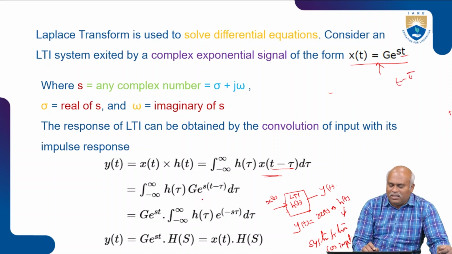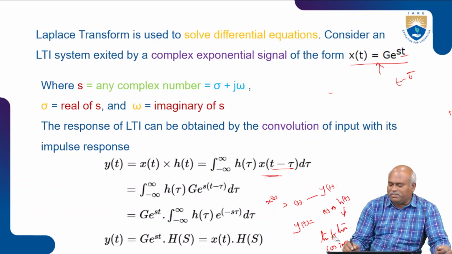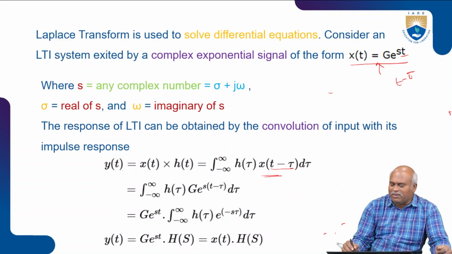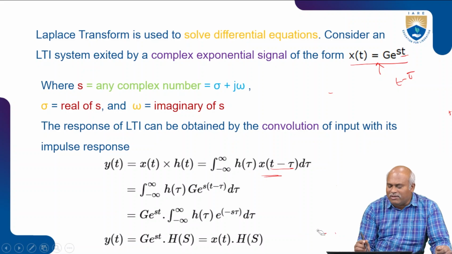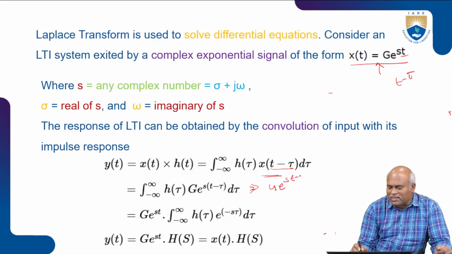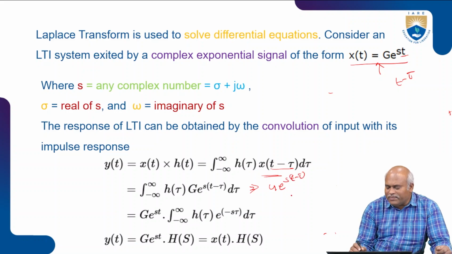Then again I can split this equation into this form. So e power st, I substitute for G e power s of t minus tau, which is equal to G e power st times e power minus s tau.